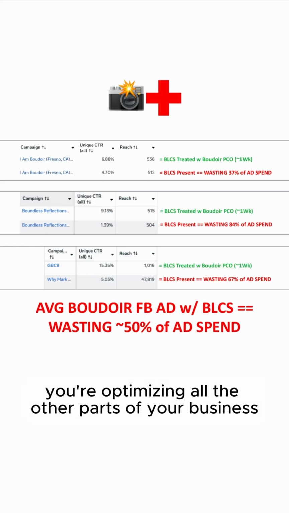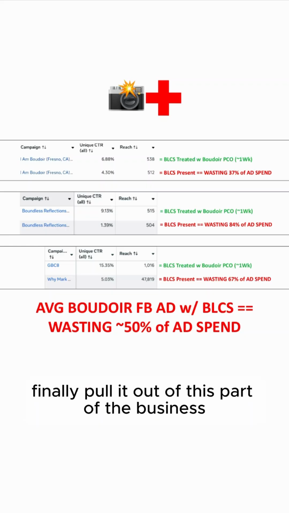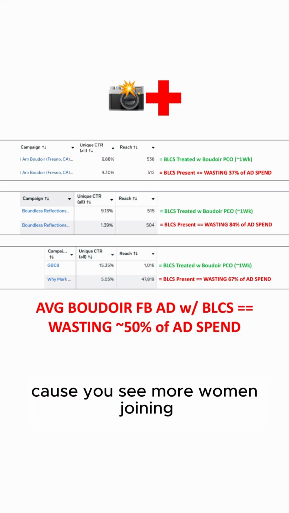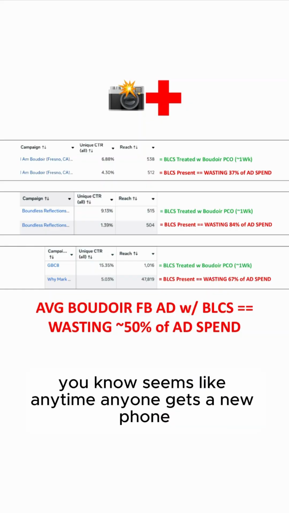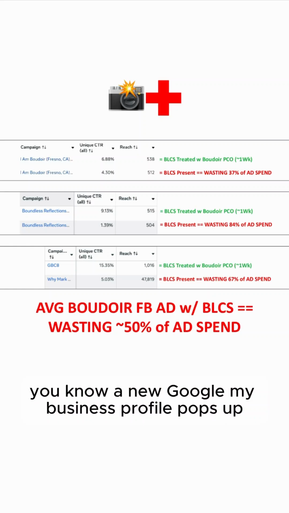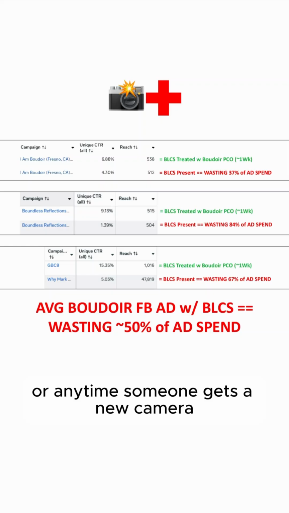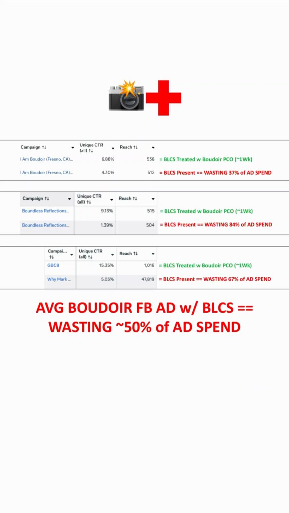And you're optimizing all the other parts of your business, pulling money out now. You decide you're ready to finally pull it out of this part of the business because you see more women joining. Seems like anytime anyone gets a new phone, you get more boudoir photography. A new Google My Business profile pops up, or anytime someone gets a new camera, there are more posts in the mom groups for the $50 shoots.